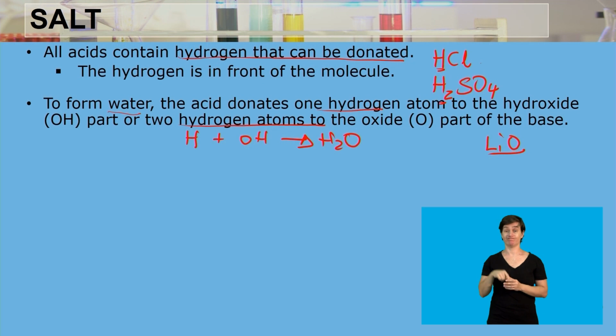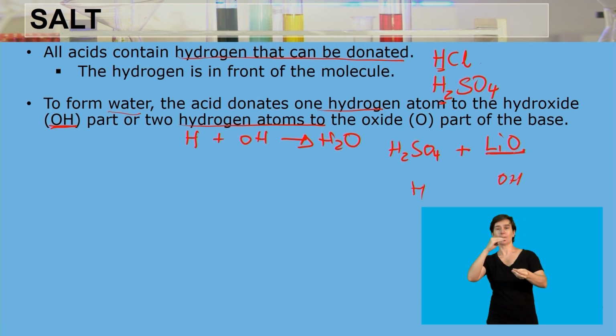So in this case, if an acid, for instance H2SO4, was to react with this metal oxide, we notice that if the acid donates one H, then the base needs to donate the OH. But in looking at this base, we do not have the OH.